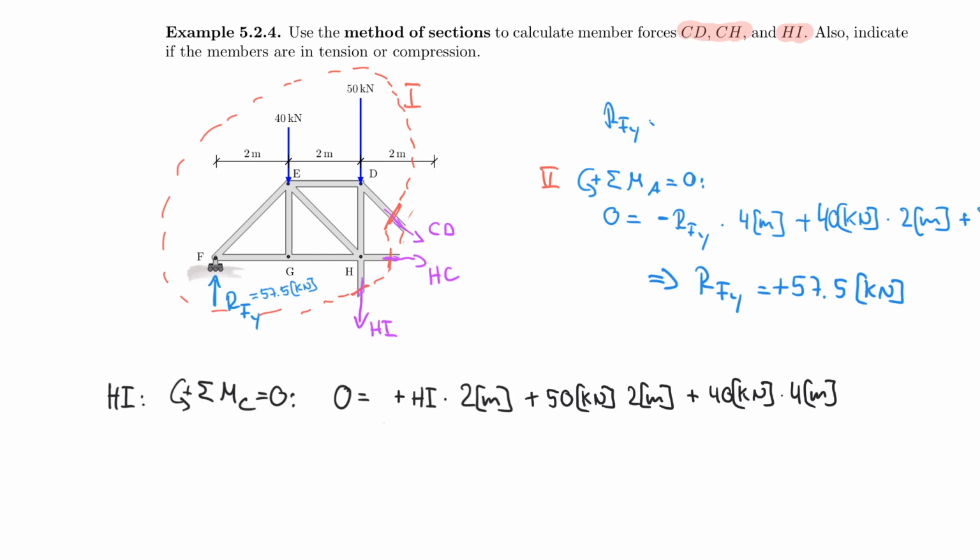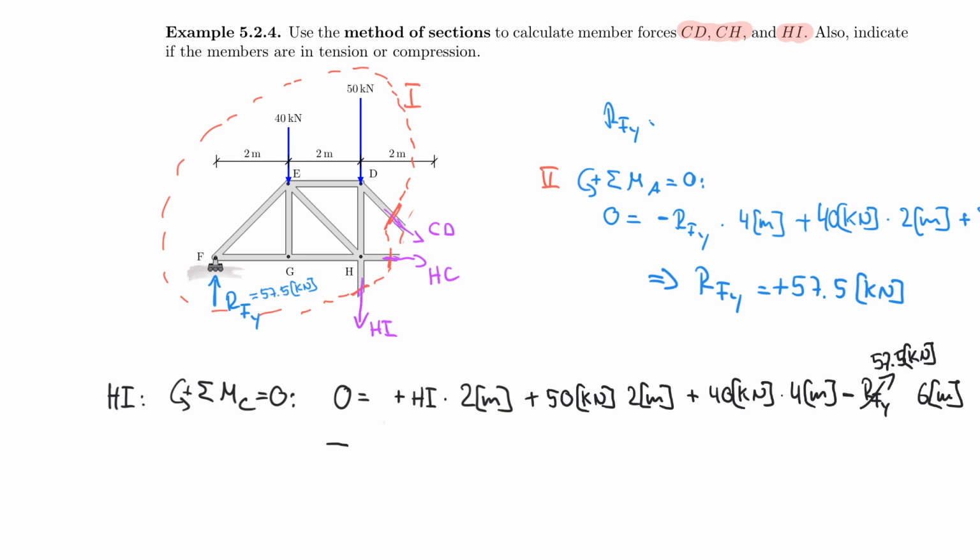And last but not least, I have RFY. But keep in mind we already solved this to be 57.5 kilonewton multiplied by 6 meters, right? And that is turning clockwise, therefore it's negative.